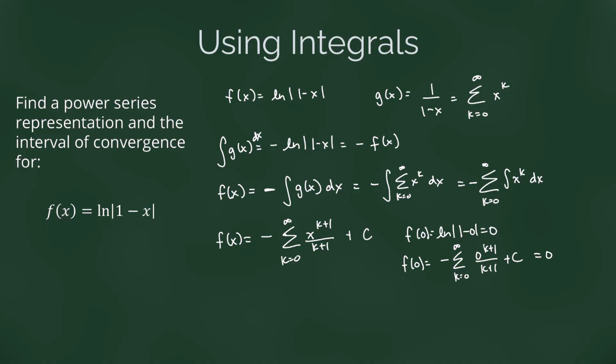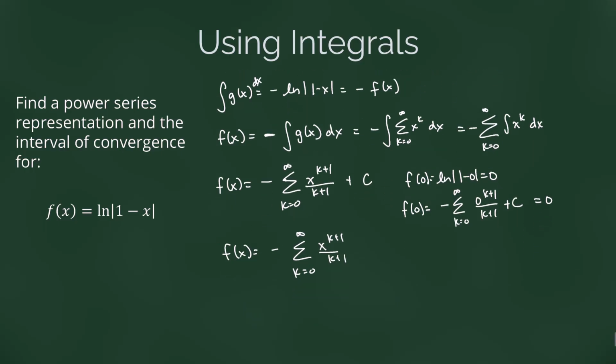So we can conclude here that f of x then is the negative sum from k equals 0 to infinity of x to the k plus 1 over k plus 1. Let's look for our interval of convergence.